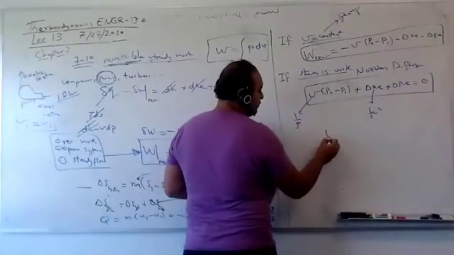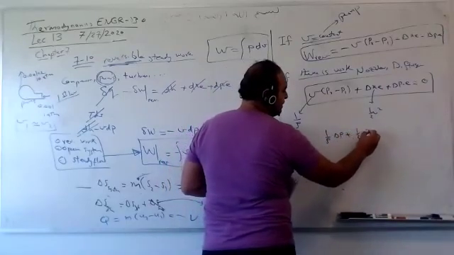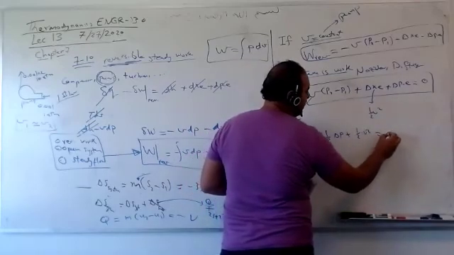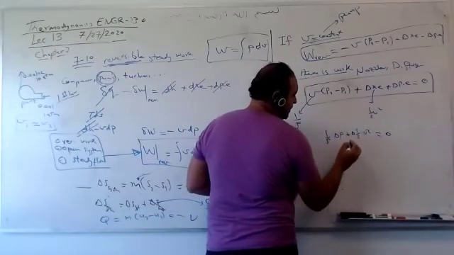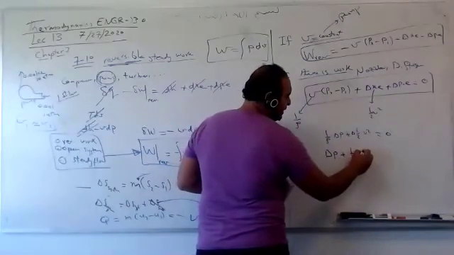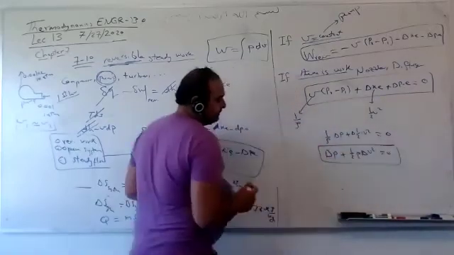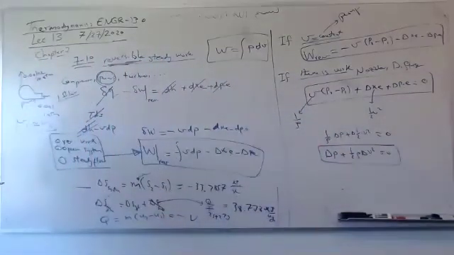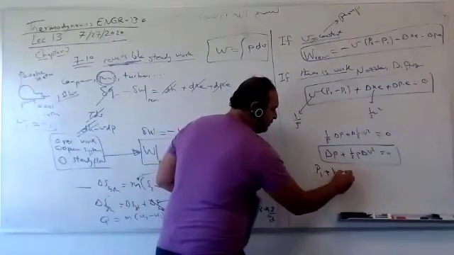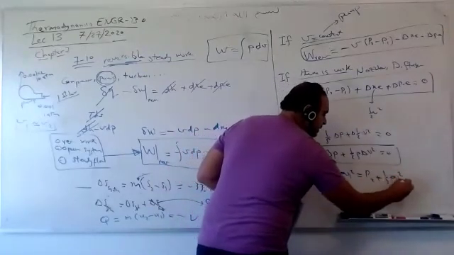If you have 1 over rho delta P plus half v squared equal constant, or delta P plus half rho delta v squared equal 0. That is P1 plus half rho v1 squared equals P2 plus half rho v2 squared.